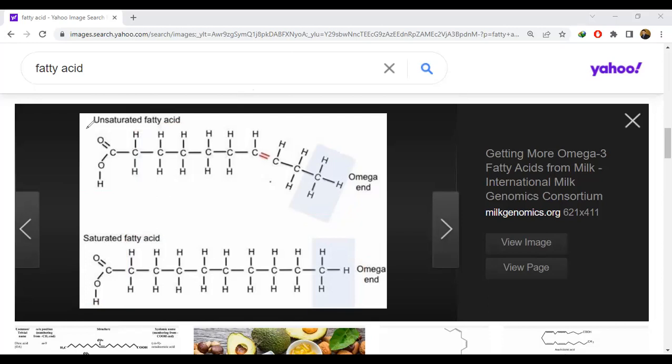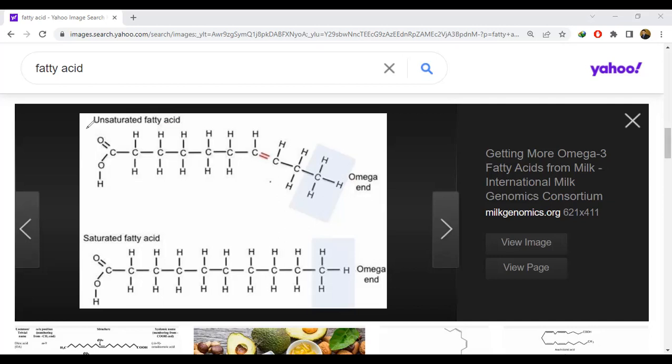Good. So, in a lipid, if saturated fatty acids make up the majority, then that lipid also will be called saturated lipid or saturated fat.